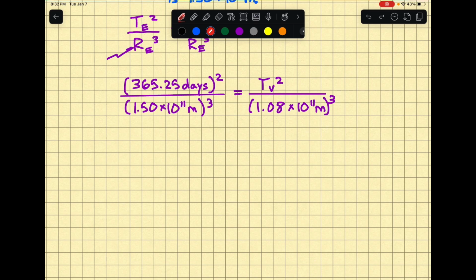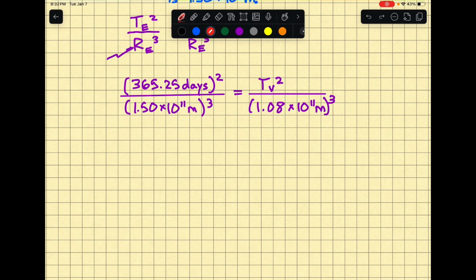Okay, so what I'm going to enter is 365.25 squared divided by 1.50 times 10 to the 11th cubed, and then that quantity will be multiplied by 1.08 times 10 to the 11 cubed, and we'll get an answer, and then we need to take the square root of that answer, and we get 223.1459296.